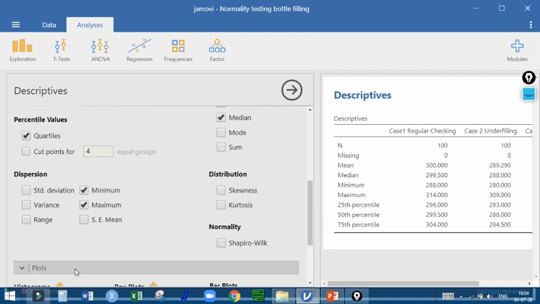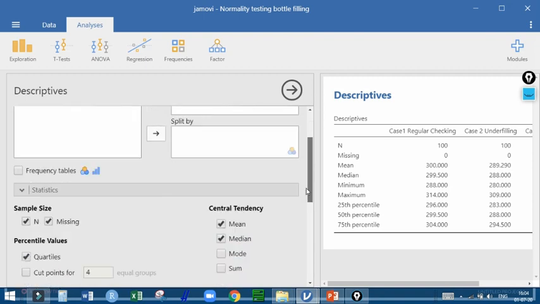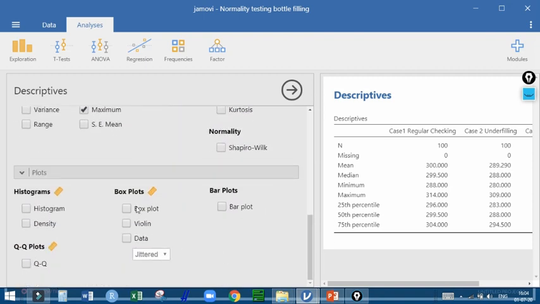Click on plots and click on box plot, and I am also clicking on density. Let's check our output.